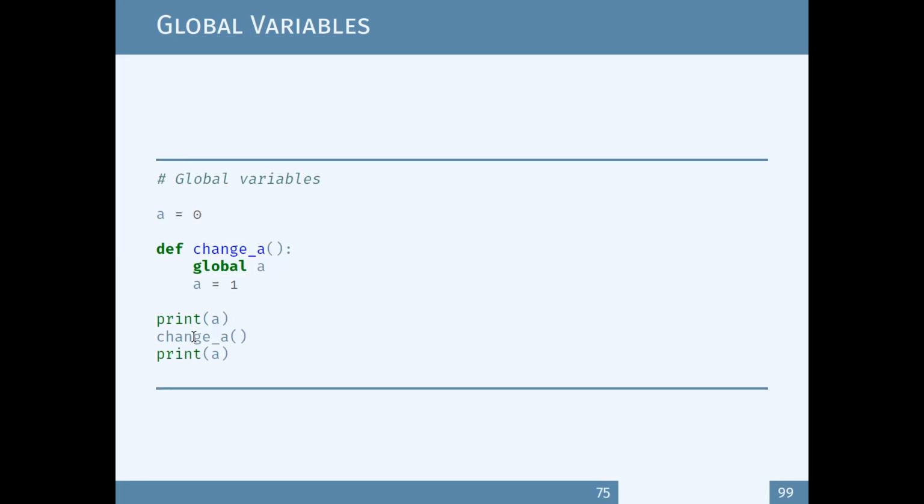So in this example, you can see the variable within the function change a, we define as global a, which is to say that this a and what is outside a are the same. So whenever you make a change to this a, it will be the same as the previous a. Now that we have discussed the functions.